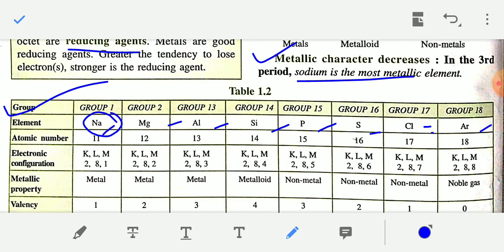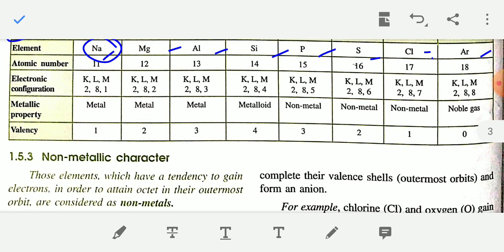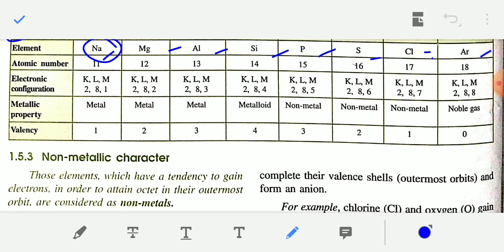From left to right, metallic character decreases. Here it is also given: sodium, magnesium and aluminum, groups 1, 2 and 13, these elements are metals. And in group 14, the carbon group, silicon is a metalloid, and phosphorus, sulfur, chlorine, argon are non-metals.